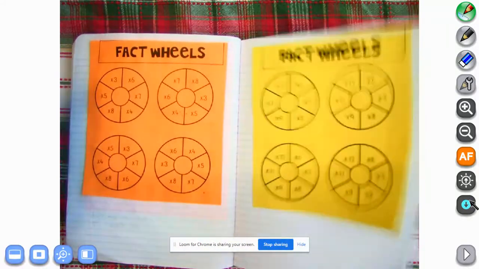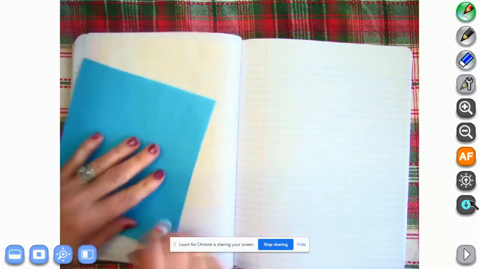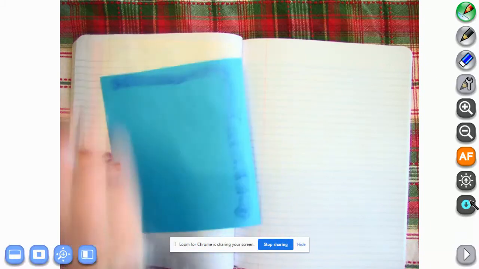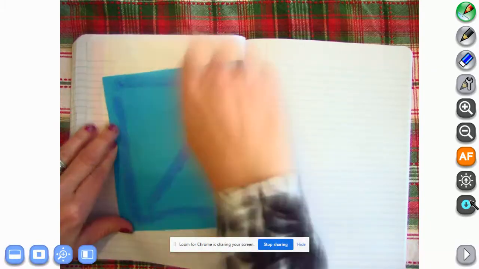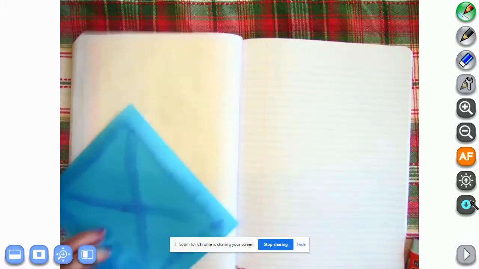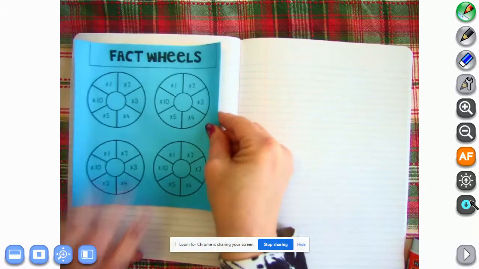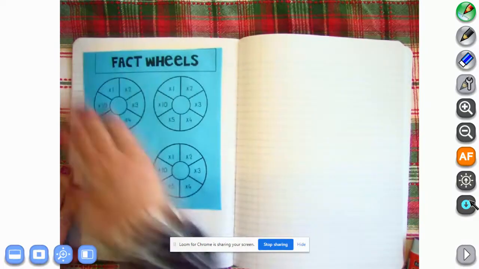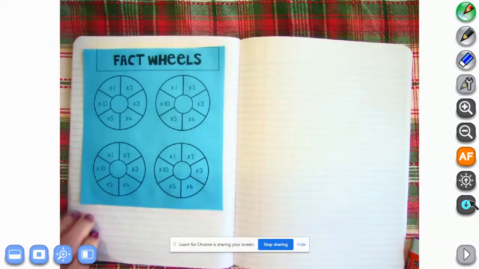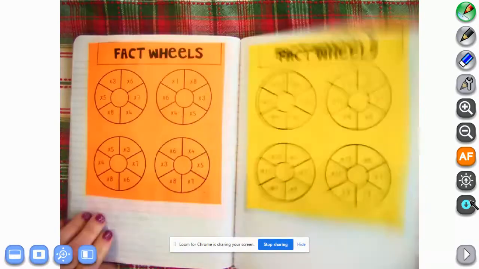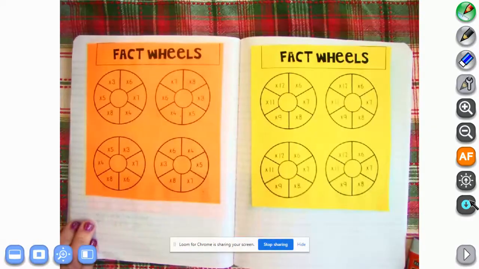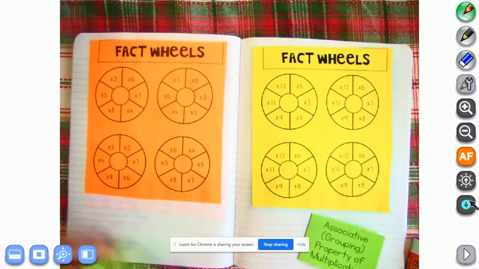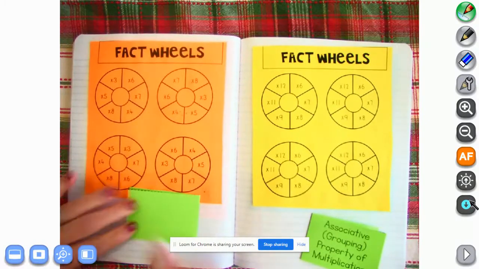Okay, now we're going to turn the page and glue this last one in. Okay, so we have these glued in, and then we'll just put a little glue on the back of distributive property.